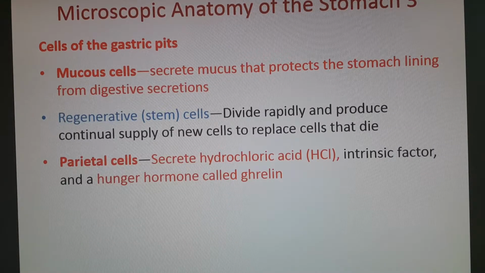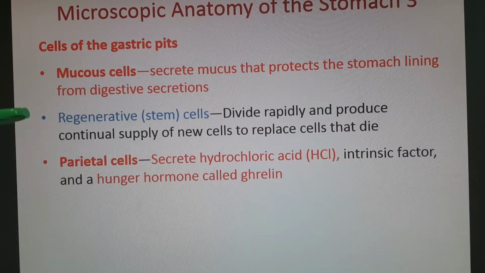Some people have stomach ulcers because they have limited protection from the mucus that should be coating their cells, and so those digestive juices, your hydrochloric acid and other enzymes, are able to make contact with the stomach and start to break it down. So you end up having a breakdown of the inside lining of your stomach.